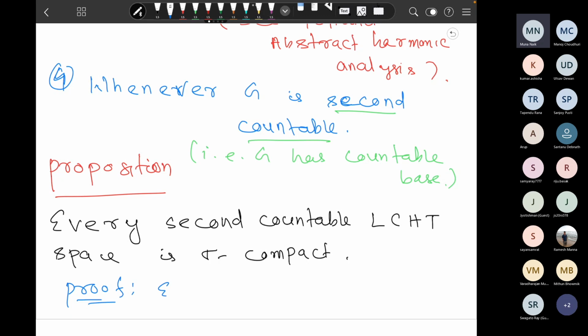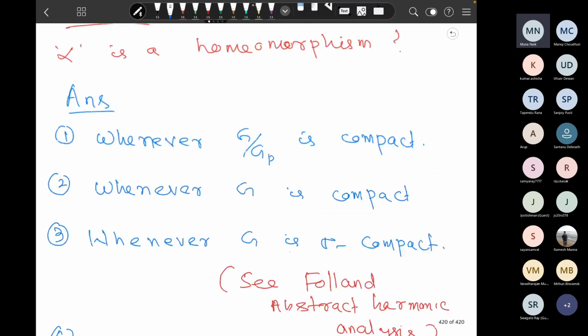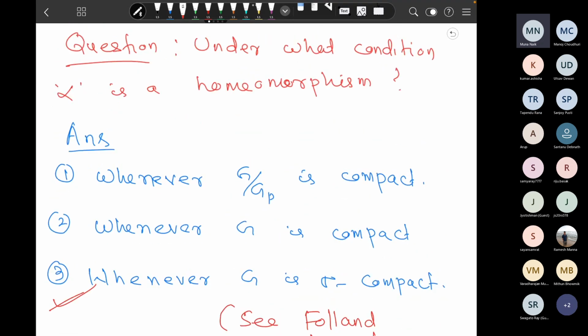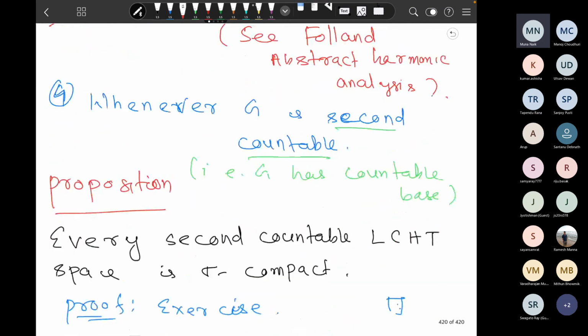If you cannot, then look at any book on topology. So remember this chronology: whenever G mod GP is compact, or G is compact, or G is sigma compact, or G is second countable, then this alpha is a homeomorphism. To the best of my knowledge, this is the most general situation where alpha is a homeomorphism.